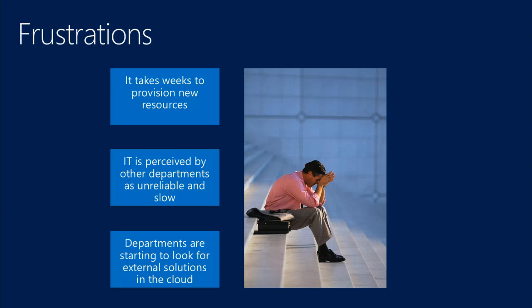And so what's happening is that these departments are starting to use credit card IT, where they're using public cloud services to stand up their stuff, which is very problematic for the company, because when you have credit card IT, you have problems with data governance and security and a whole host of issues that IT really doesn't want to have to answer for.